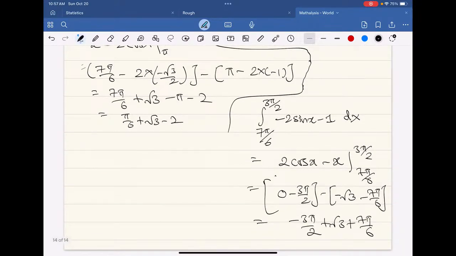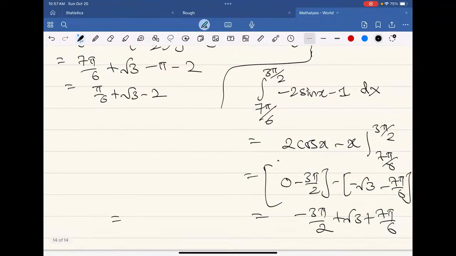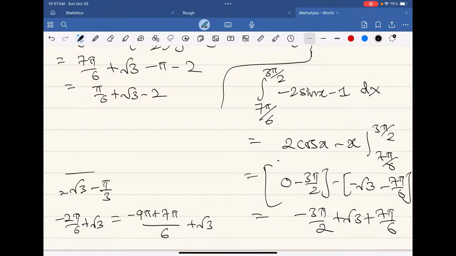And that is now equal to, at 6 over here, minus 9 pi plus 7 pi plus root 3. So that is minus 2 pi by 6 plus root 3, right? Which is root 3 minus pi by 3.